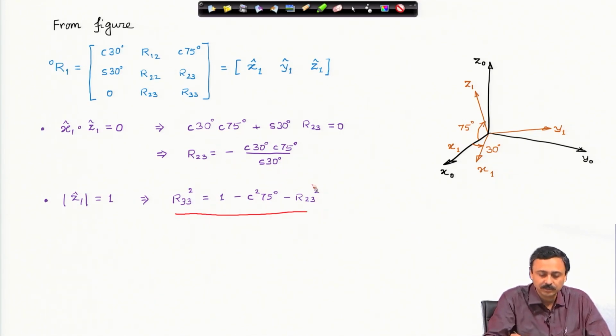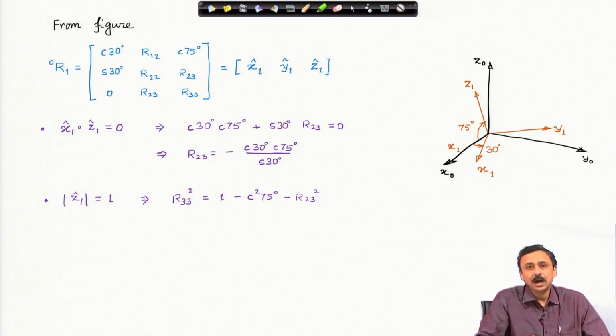R23 is already solved, this is known. Therefore, I can find out R33 square, but there will be two signs, because when I take under root I will have plus minus. Now, how do I choose that plus minus? I will choose it from this figure.